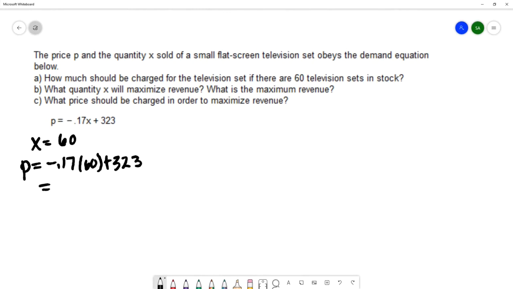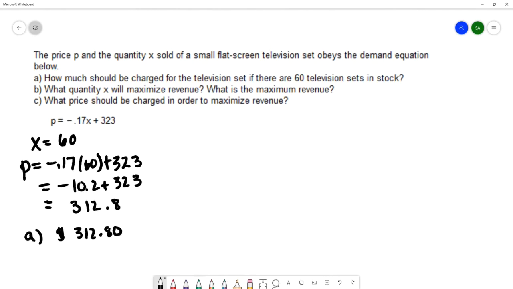Negative 0.17 times 60 is negative 10.2 plus 323 gives me 312.8. So in part A, we should charge $312.80 if there are 60 television sets in stock.